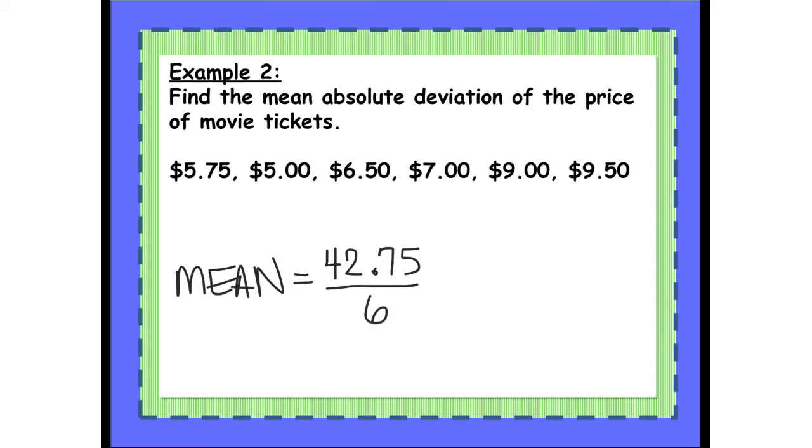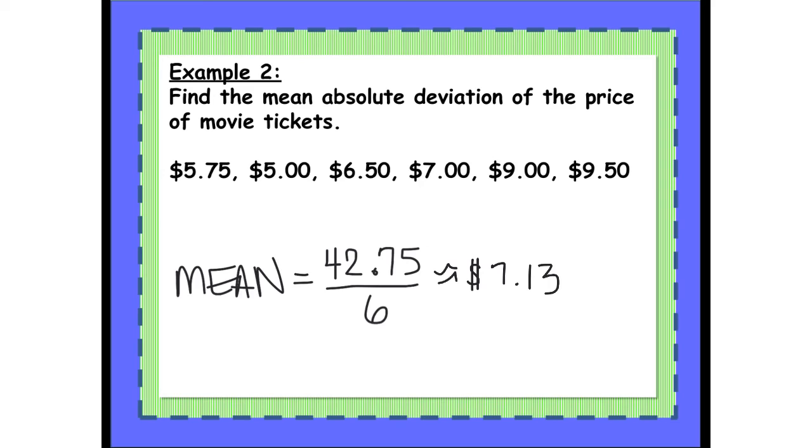And so I get 7 and 125 thousandths. Since this is money, I'm going to round it to the nearest cent. So the mean money is $7.13.